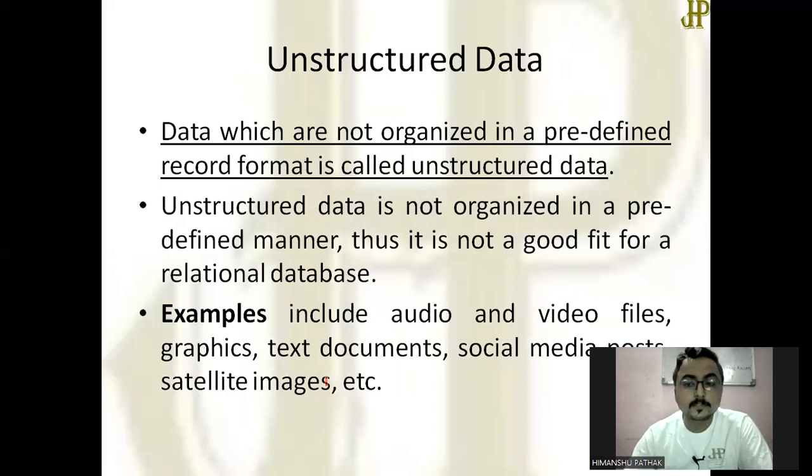So all these data cannot be kept in a single particular file. So to handle unstructured data, we have to take care of different strategies.